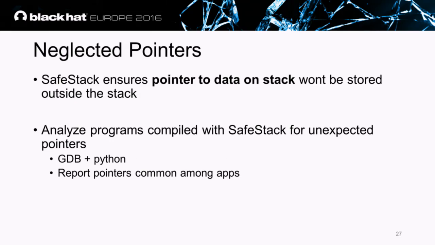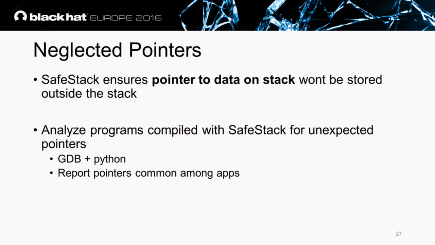So SafeStack ensures there are no pointers to the stack. So what we did, we analyzed some programs with a Python script and used GDB. We walked the whole memory space and then just looked for pointers that would point to the SafeStack region.